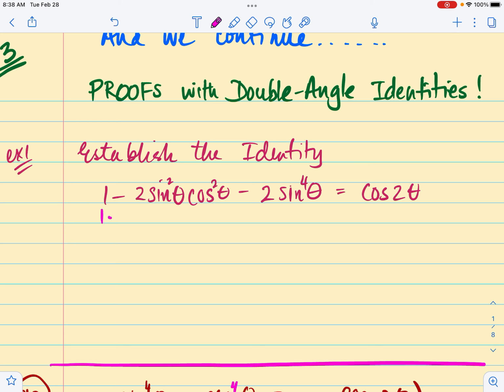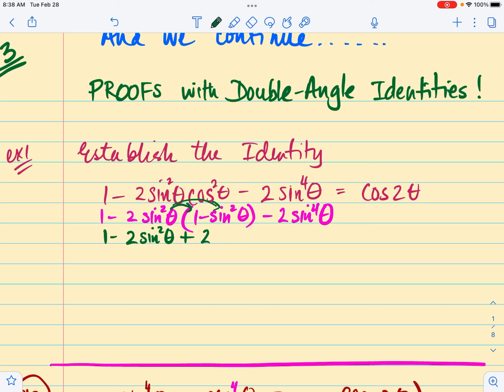All right, so when I start with this, it would be nice to convert cosine squared theta into sine squared theta using the Pythagorean identity and see if that helps us. Once I convert cosine, the next thing I want to do is distribute this so we are getting rid of all the parentheses. So multiply there, and then plus 2, and then I have sine squared theta times sine squared theta.